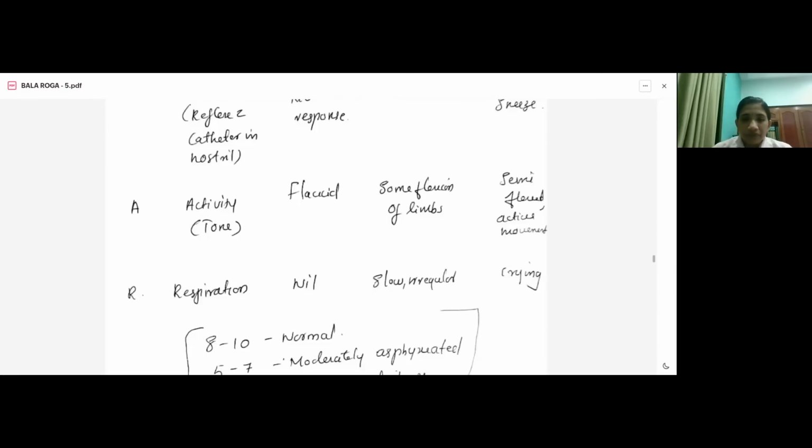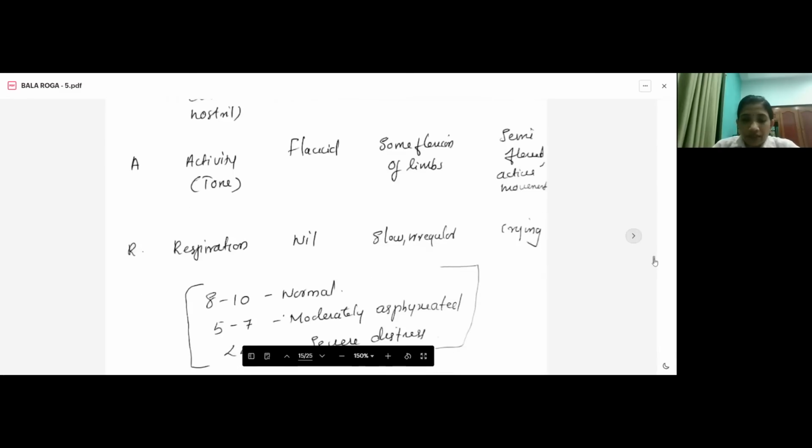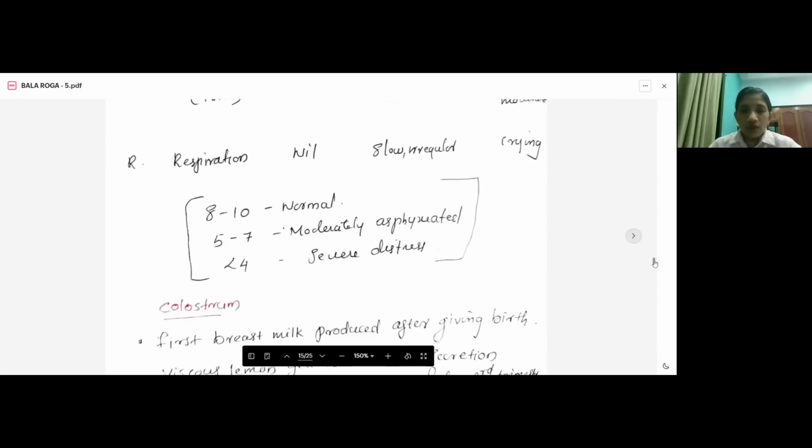And R stands for respiration. If there is no respiration, it is scored as 0. If it is slow and irregular, it is 1. And if the baby is crying immediately after birth, it is totally normal, so it is scored as 2. This is the scoring system.